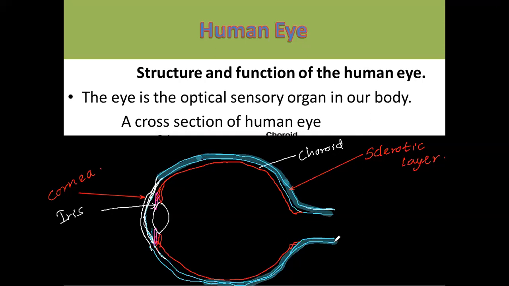This layer, choroid layer. Inside this, sorry, this is choroid layer. And the blue color one is the sclerotic layer.